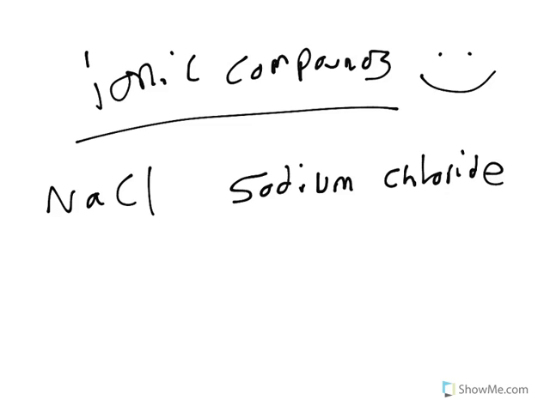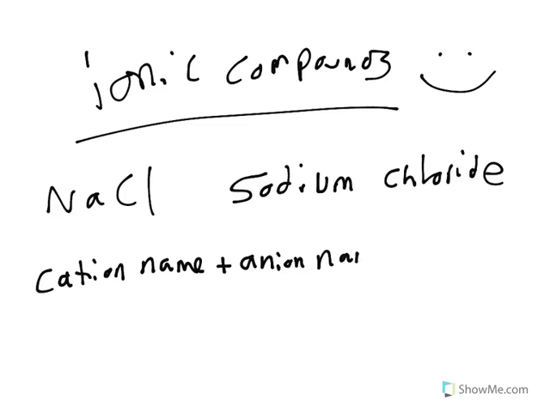So actually the process for naming an ionic compound is cation name, and then anion name. So, when you have something very exciting, like copper, like this, you have copper sulfate.